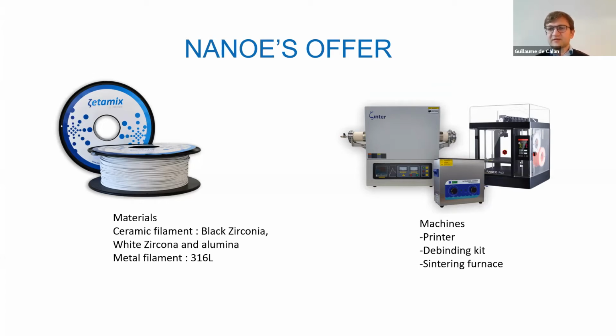This is in the spirit of helping our customers to learn the technology and to start. Of course, none of this is compulsory. Some customers are already equipped with printers, with furnace, sometimes with both of them. In that case, they can directly purchase the filament and start printing ceramic and metal.